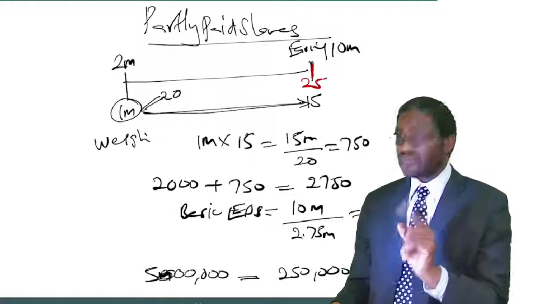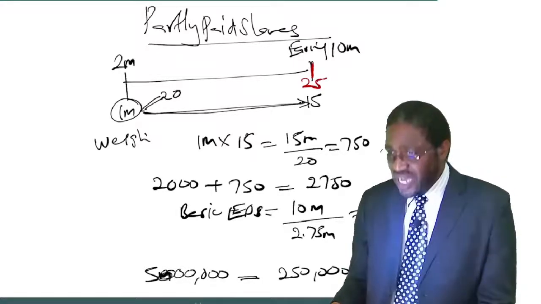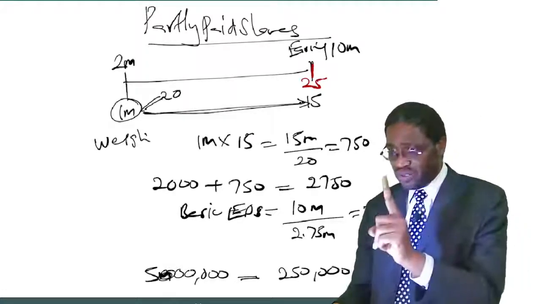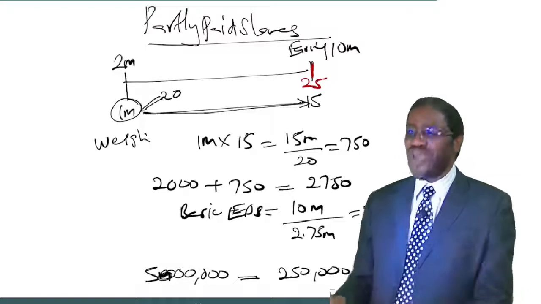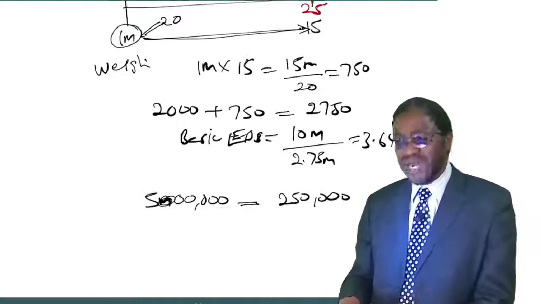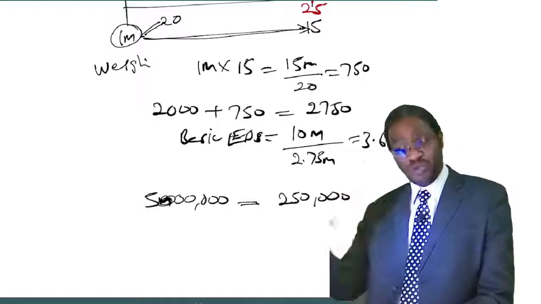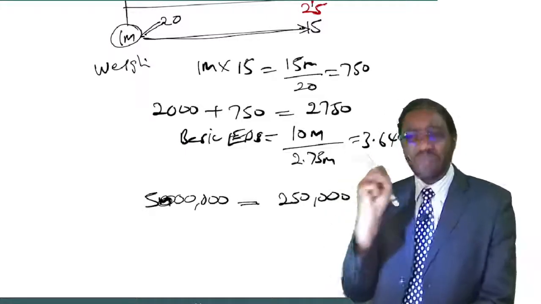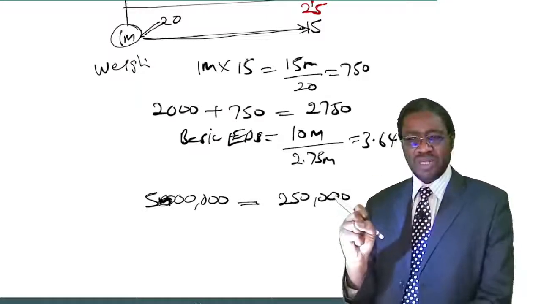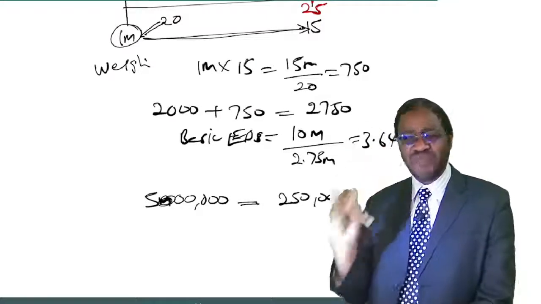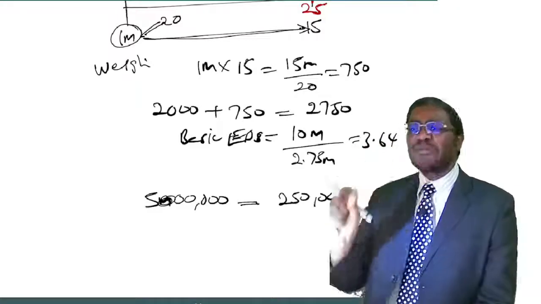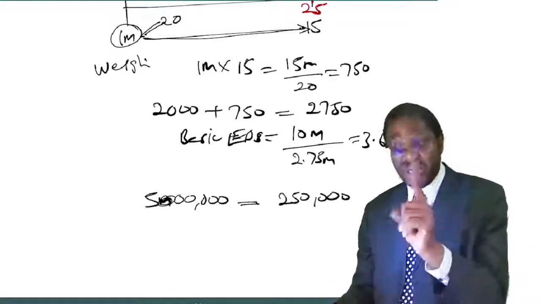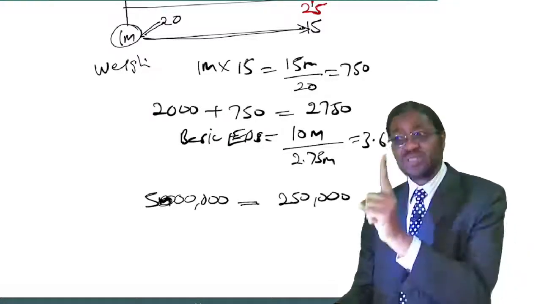These shareholders will bring in the balance of their 5 million in future. I will give them as a company the balance of their shares. How many? 250,000. But suppose they will bring in the 5 million when the market price of the company shares has increased from 20 to 25.